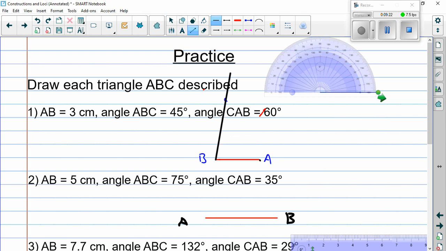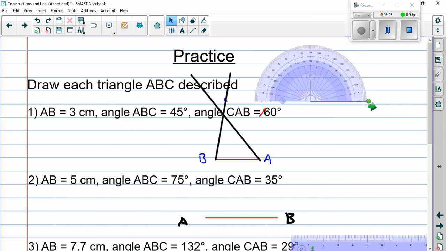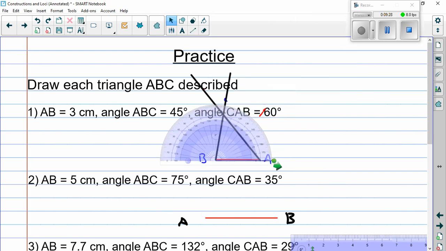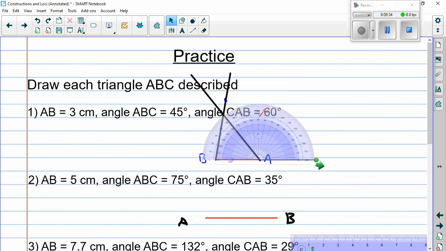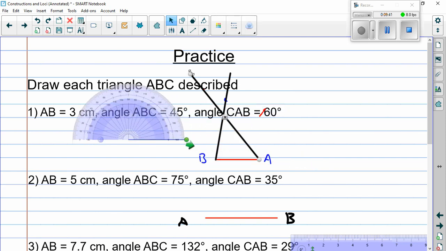So let's connect our endpoints, and then we can finish off our diagram. Always, if you feel like it, go back and check your angles to make sure that they line up. Notice I actually drew my lines to the wrong markers.